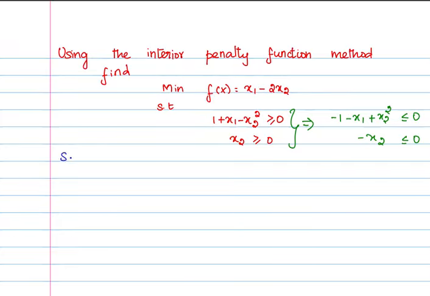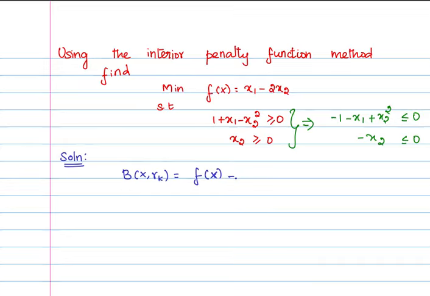So, solution, I start. b of x comma rk is f of x. This is our objective function f of x. Here x is a vector value.